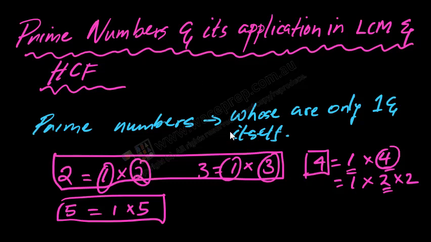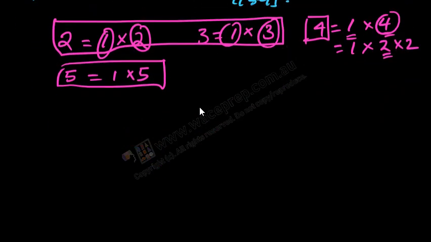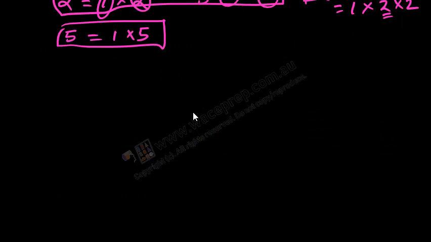Now let's look into an example of using prime numbers for calculating lowest common multiple and highest common factor.